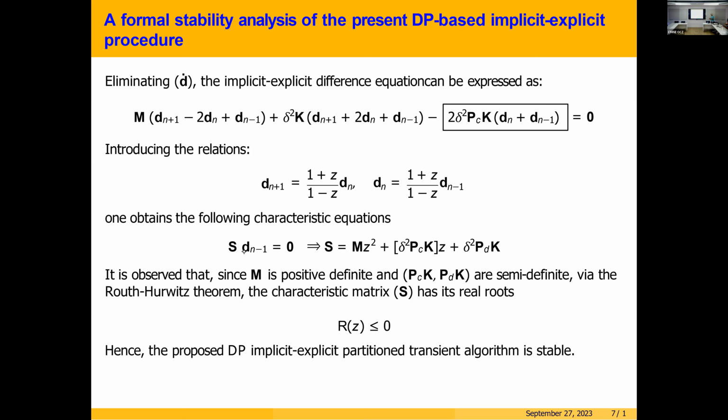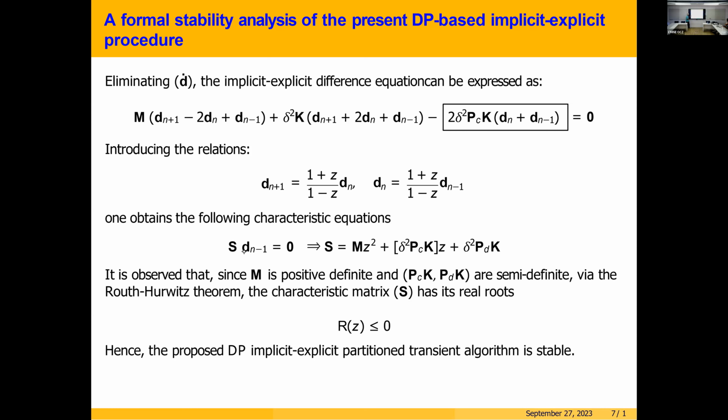So I use that formula directly. This is the amplification factor from Tn to Tn plus 1, and Tn is in terms of Tn minus 1. You can express everything in terms of Tn minus 1. You find that S times Tn minus 1 equals 0, and S turns out to be this value, which is a quadratic function of the matrix characteristic function.